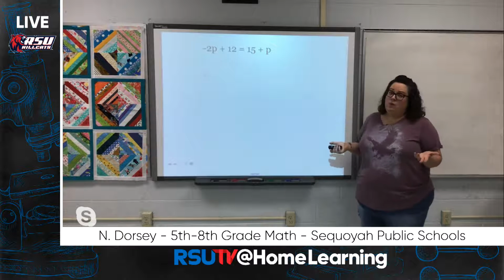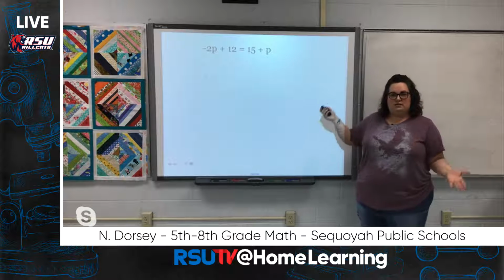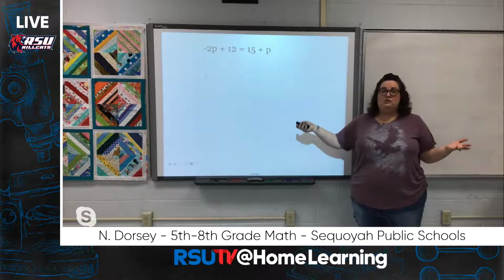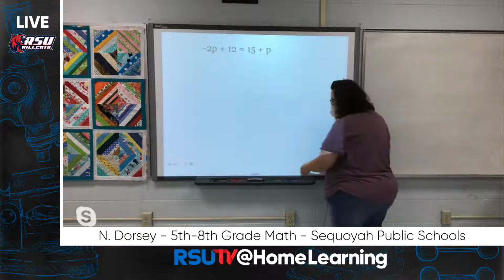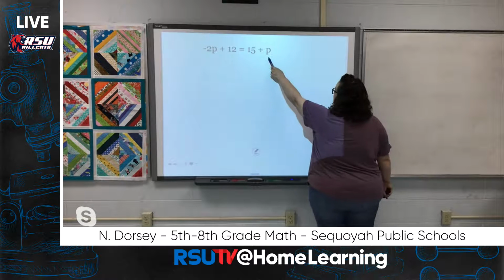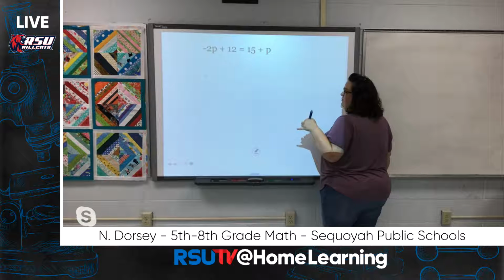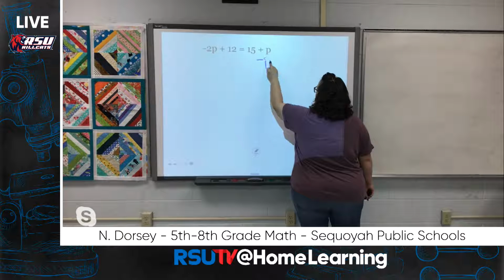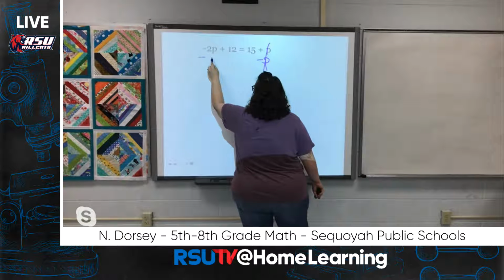So that's exactly what we're going to do. And remember back to my scale of justice. I want to balance it. What I do to one side, I have to do to the other. So here we go. I want to move this P to the other side because I want my variables on the same side. So if it's a positive p, it becomes a negative p, and then I move it over here, okay?